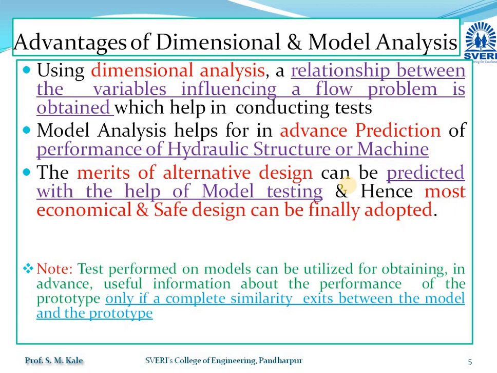If there is not complete similarity between model and prototype, then whatever result we obtain by testing the model will not be the correct one. That means whatever prediction we make based on the model analysis will not be correct. It will be correct only if there is a complete similarity between model and prototype.